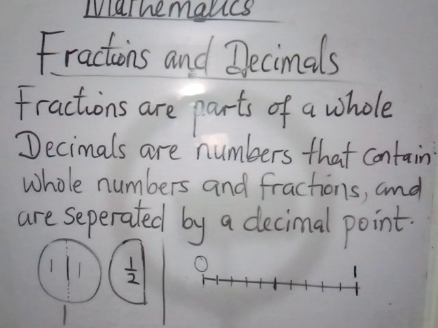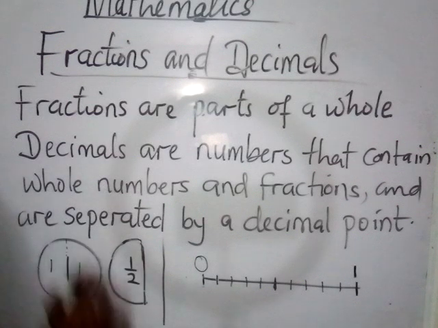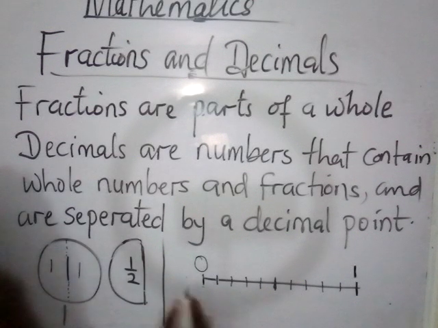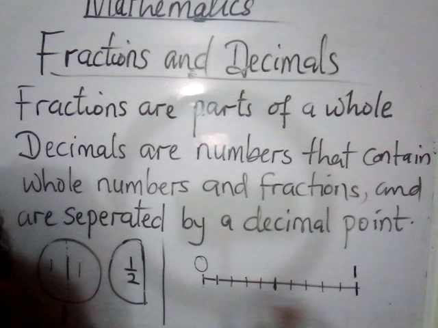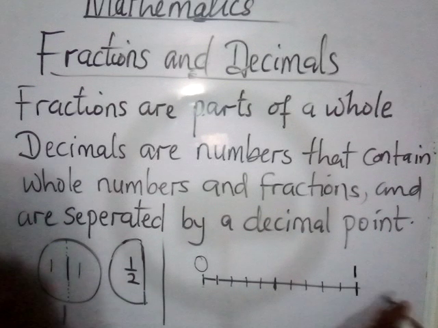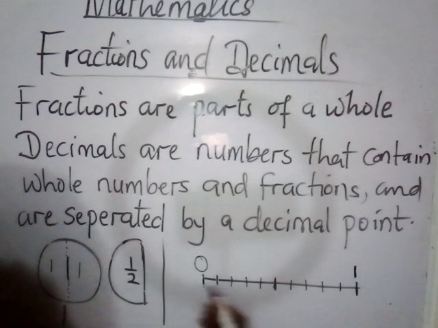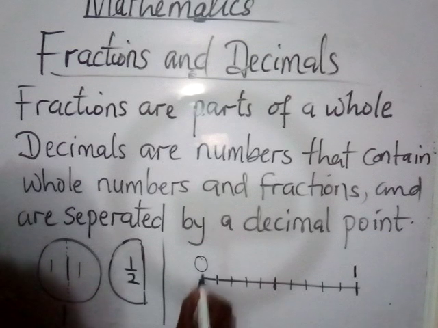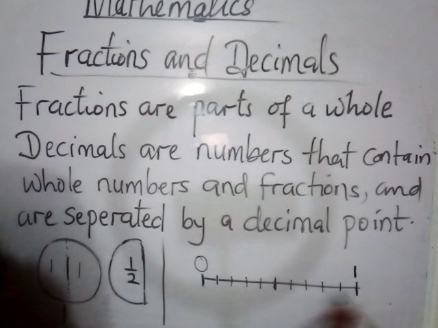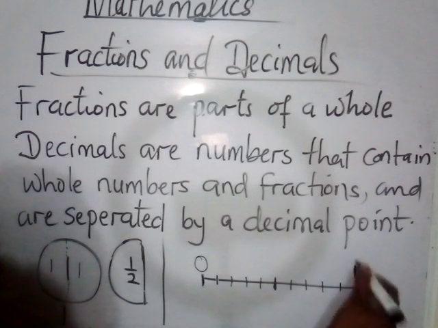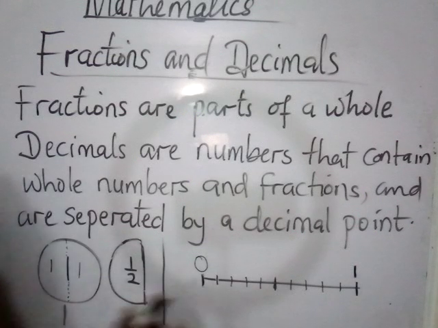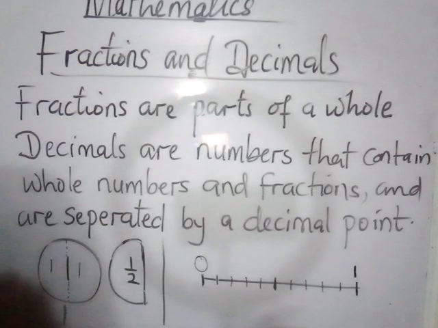So let's take this whole, which is 1, to be the range of this number line. So this left extreme end here is 0, and the extreme right end here is 1. So between this beginning and the end is just one whole.